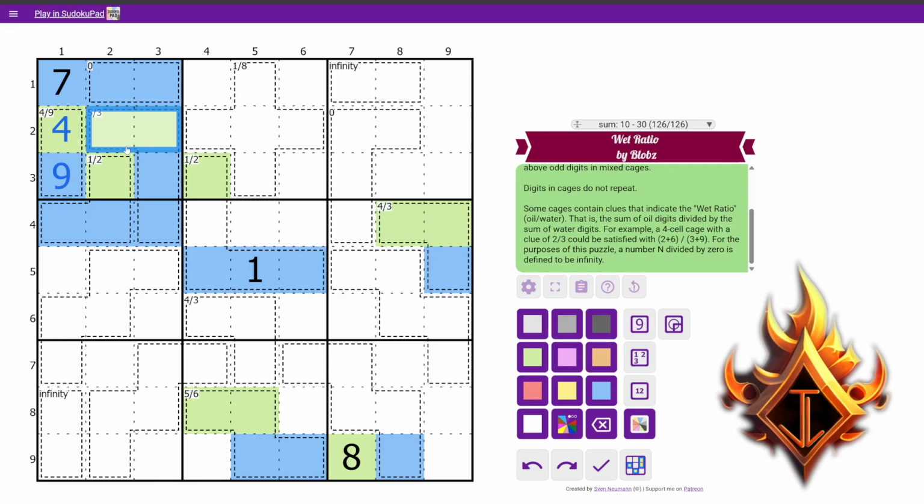They're 5/3. So if these are 3, for example, that is 5. But this cannot be 15.